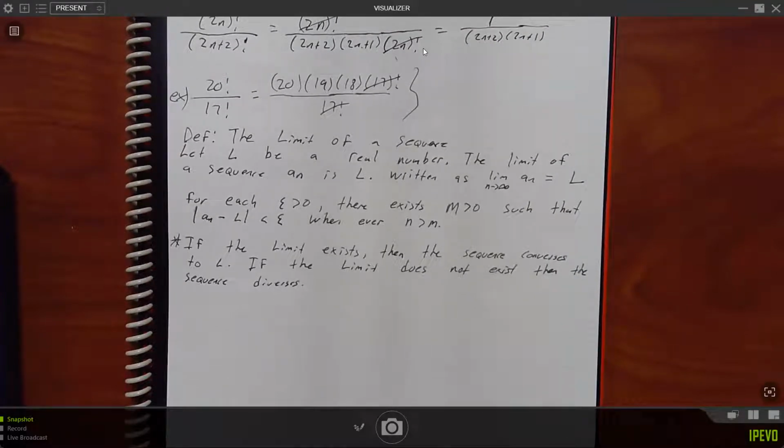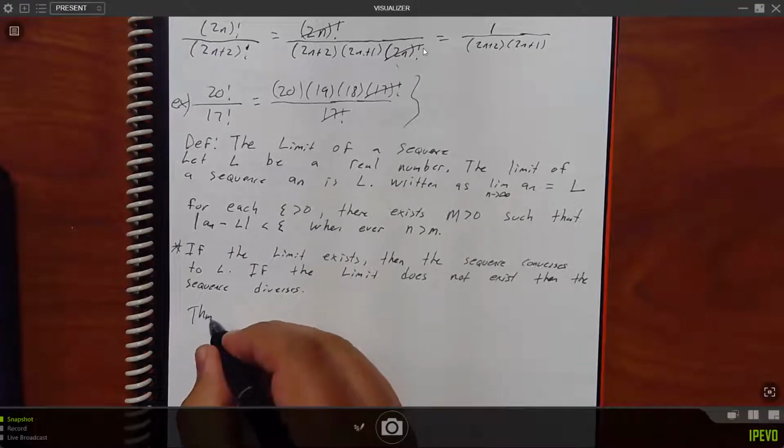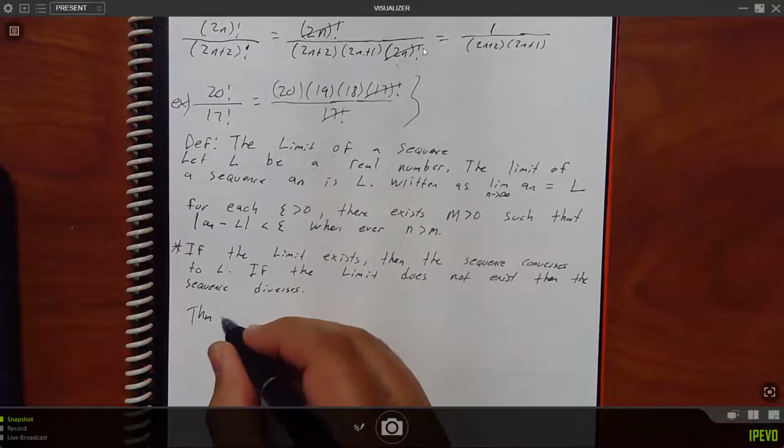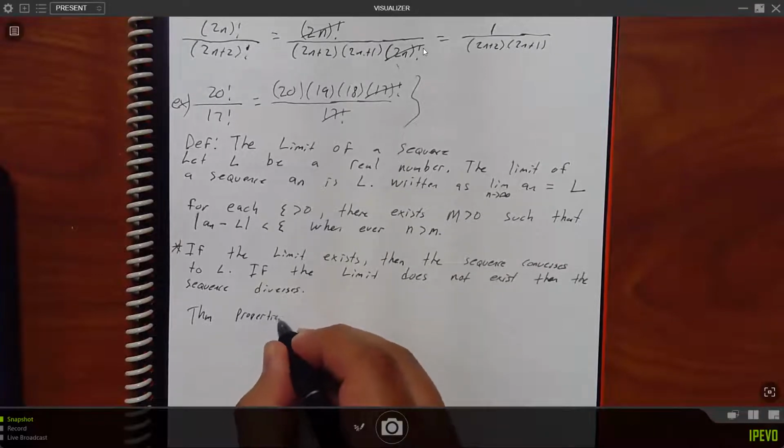Oh, wait a second. And we find that first example here. Well, because I should write the properties from Cal 1. Do you guys remember your limit properties? I'm going to write them down just in case.